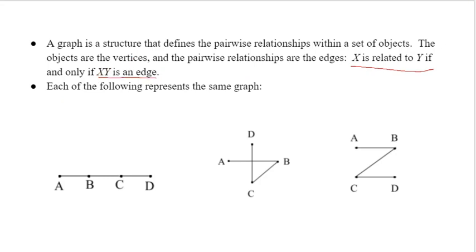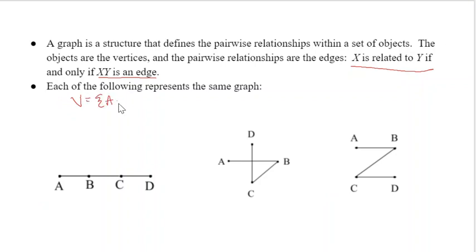Now, it does not matter how you draw the picture. It matters which vertices are connected to which other vertices. So A, B, C, D connected in a straight line is the same as if we fold it differently, because we still have A connected to B, connected to C, connected to D. Because if we wrote out the vertex set and the edge set, they would be identical for these three diagrams.